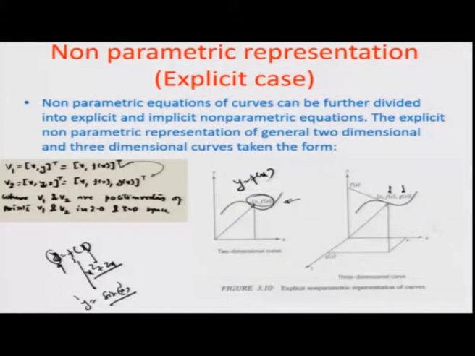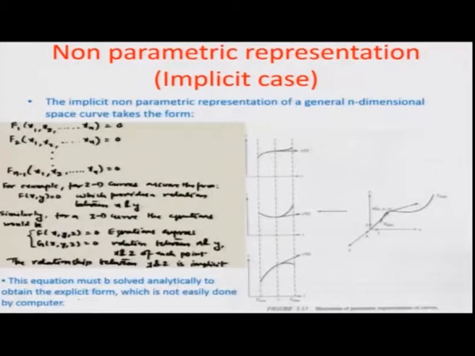For example, let us say when we talk about a family of curves, for example, a 2D curve which is related to a functional representation f x y equal to 0.